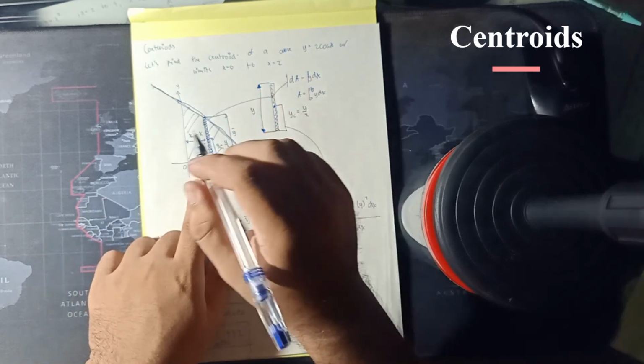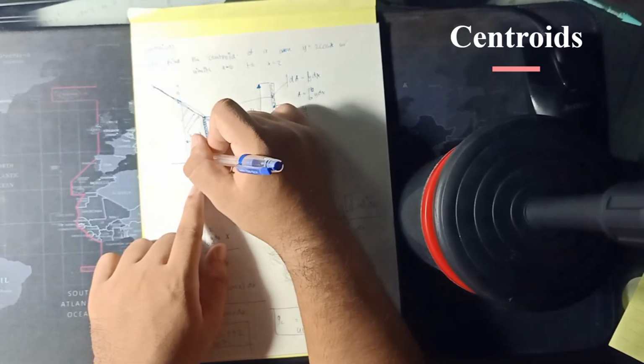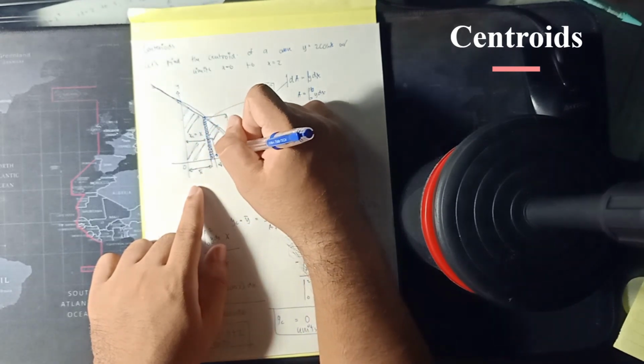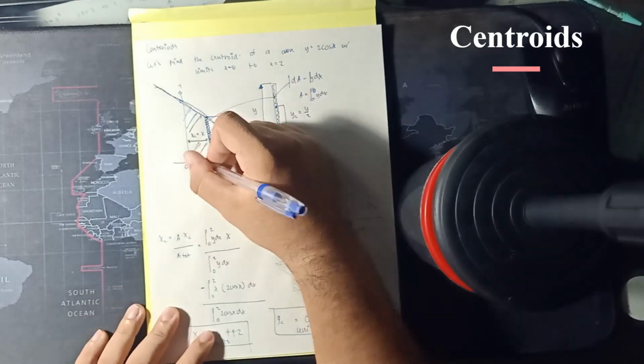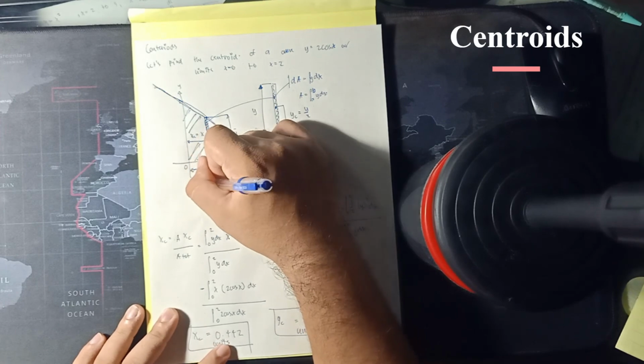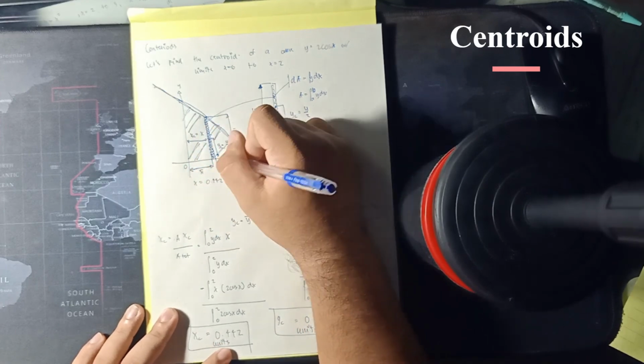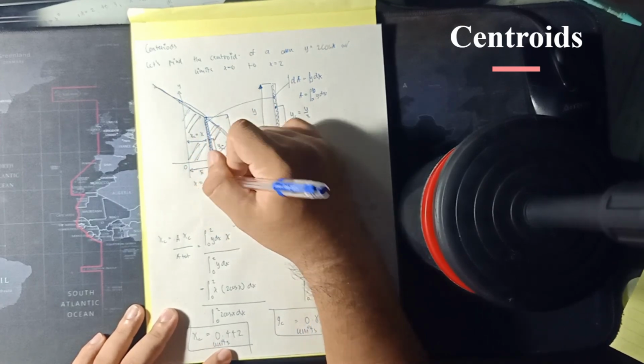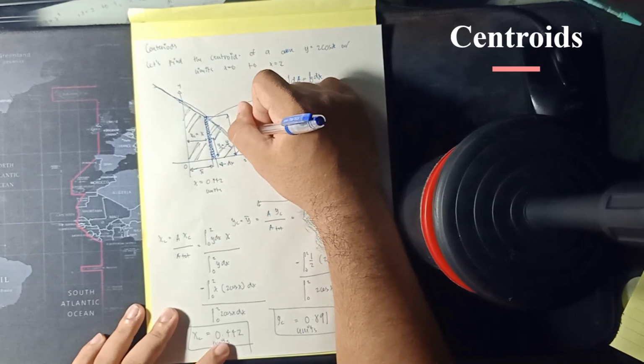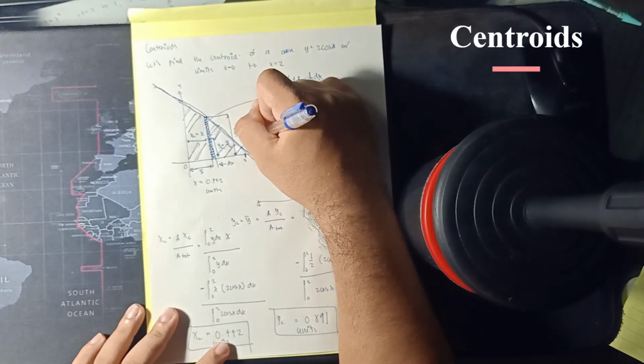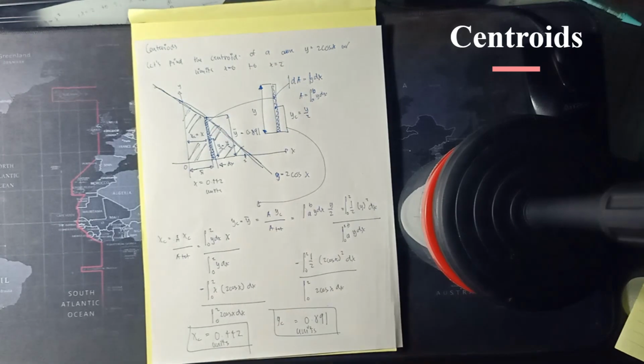And for your y bar, you're computing for the area of the centroid. So for your x bar, this would be equal to 0.442 units. And for your y bar, this would be 0.891. And that's all for centroids.